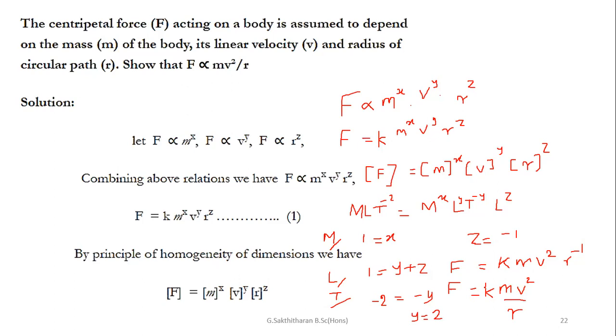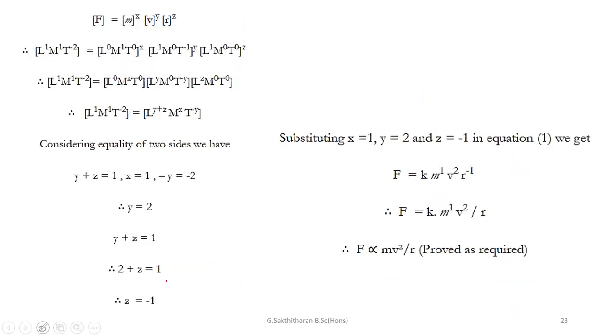In this equation, the value of K is 1; this value is derived from many practical experiments. So F equal to m v square over r. This is the equation of force, the relation between mass, velocity and radius. This is the circular motion centrifugal force: F equal to m v square over r.